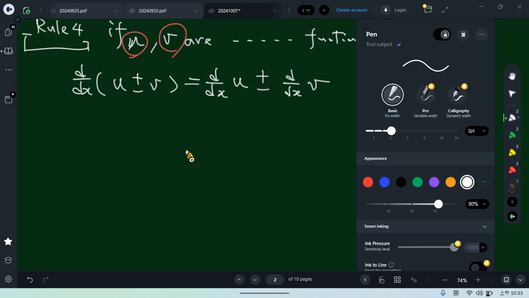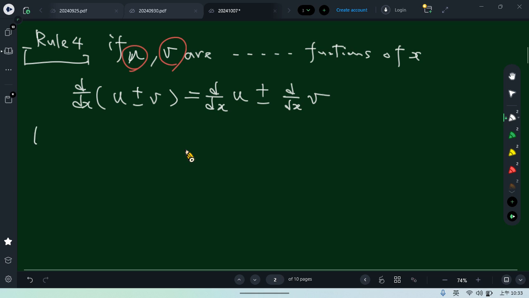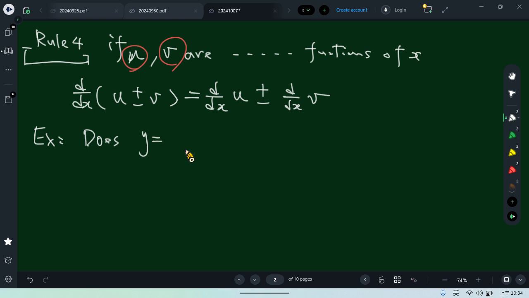Okay, I can give you a simple example. If the question asks you, does y equal x to the power of 4 minus 2 times x to the power of 2 plus 2 have any horizontal tangent?